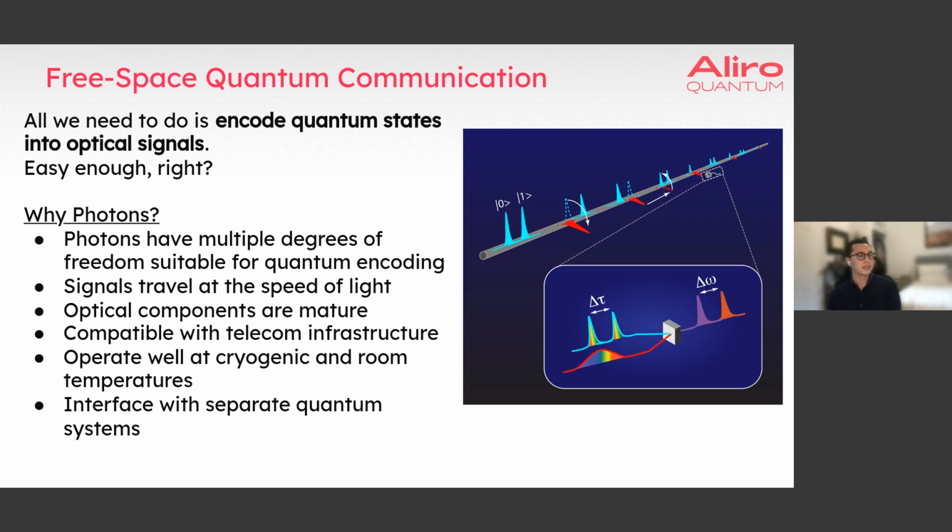The reason for that is because they serve as the most promising interface with these separate quantum platforms. So for example, you can have a wavelength of a photon that's resonant, say, with a matter-based system. And so we can begin to explore these interfaces and connect a variety of quantum platforms together. So all of these properties of photons make it a very promising spectrum for encoding quantum states for communication.